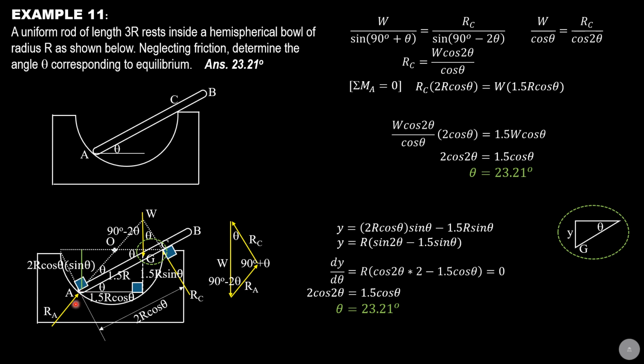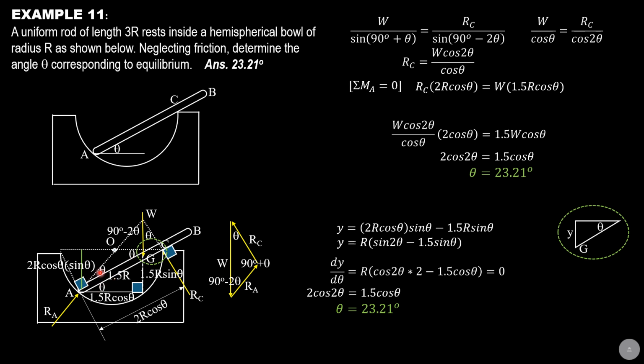Because that radial line passes through the center of the circle, when extended, it crosses the line of action of the weight, because this rod is a three-force body. Take note from statics. Then at C, the reaction is also perpendicular to the axis of the rod, and they all meet at this point. These three forces are concurrent. That's why they are in equilibrium.